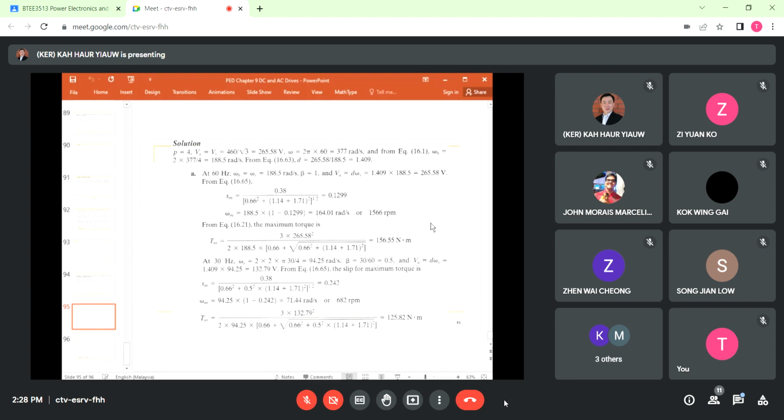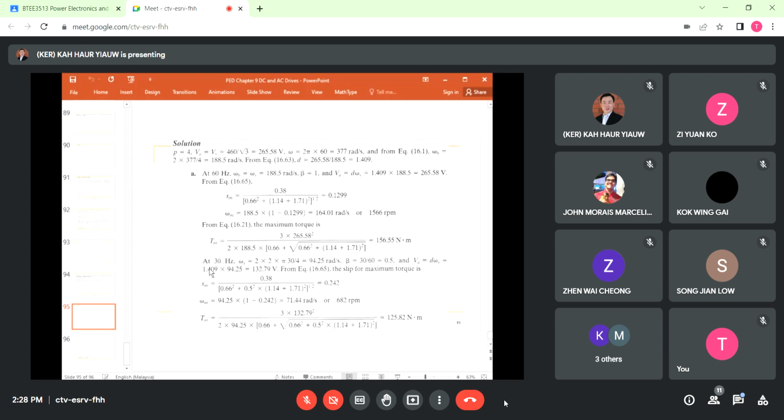So this is the solution. From equation 65, Sm is equal to 0.1299, omega m is equal to 1566 rpm. From equation 21, the maximum torque is then obtained and has the value of 156.55 Newton meter.